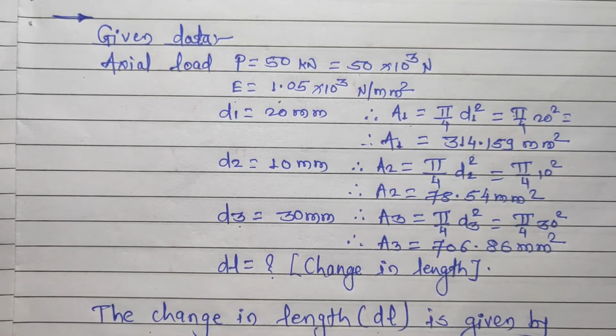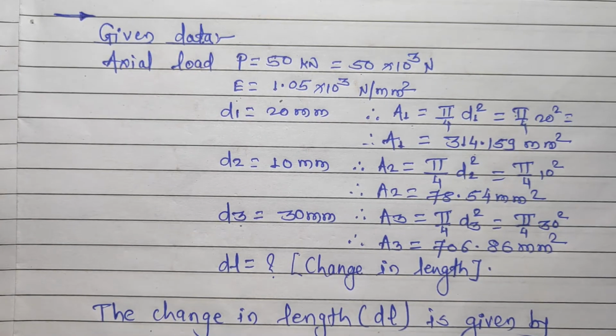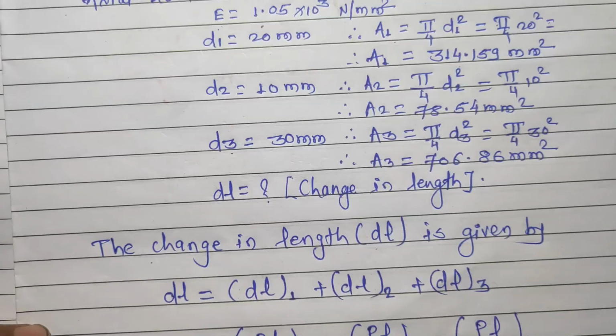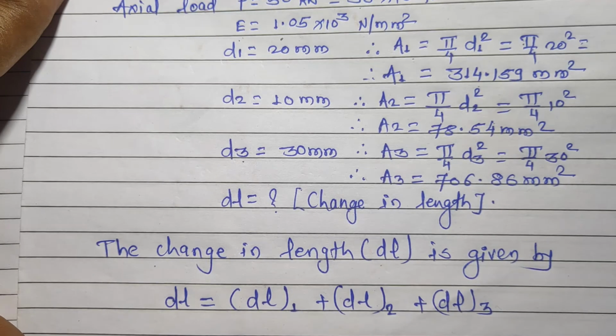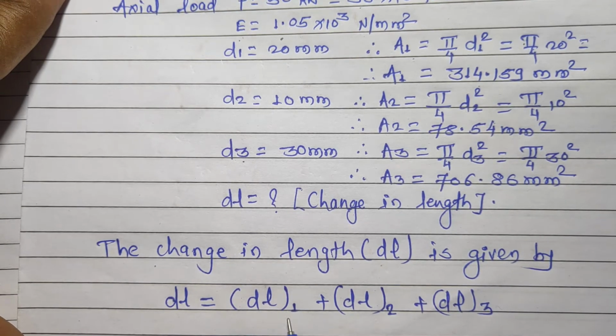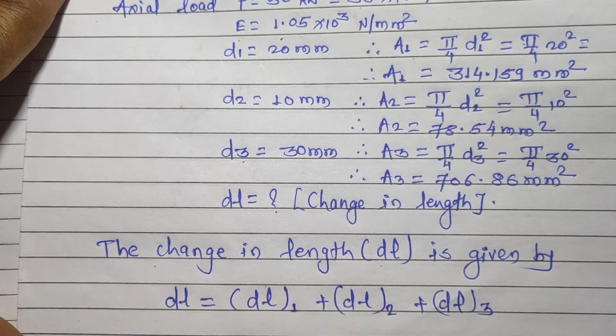So now the change in length, that is dl, is given by using the principle of superposition. We can write the equation for dl as dl1 plus dl2 plus dl3. As this force is tensile, all the changes in length are taken as positive.